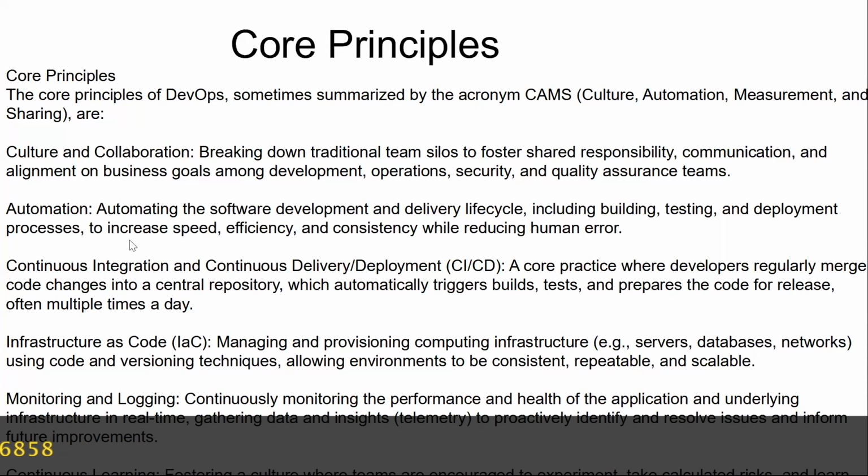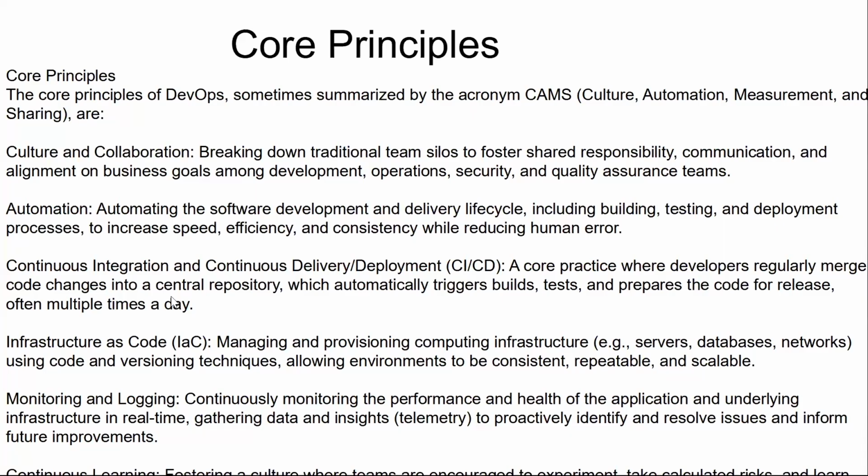Then comes the automation part. If you have to develop a particular software, how you're going to build it, test it, and deploy it, making sure that continuous integration and continuous development is happening.